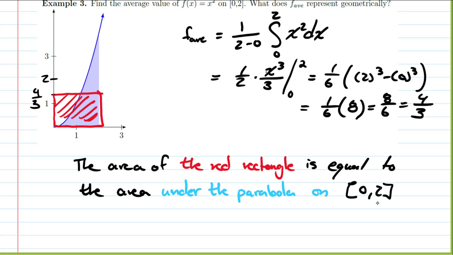So geometrically, the average would be the height of the rectangle that would have the same area as the area underneath that curve.